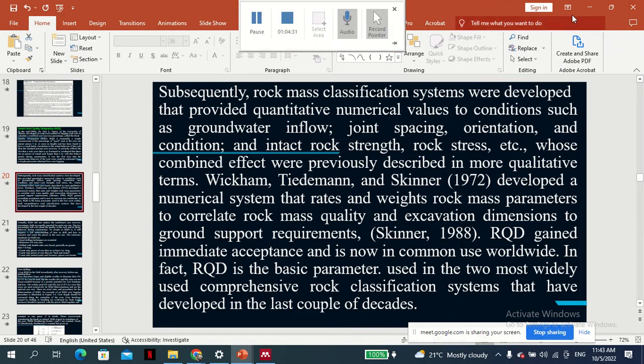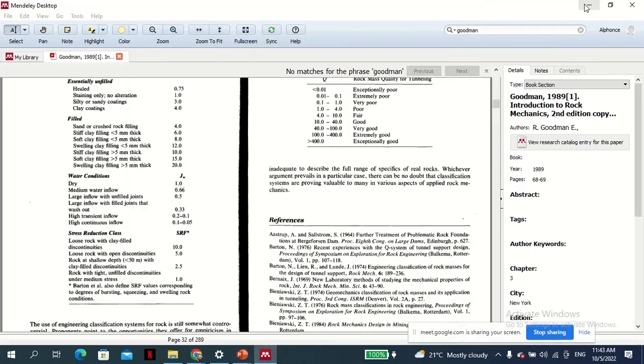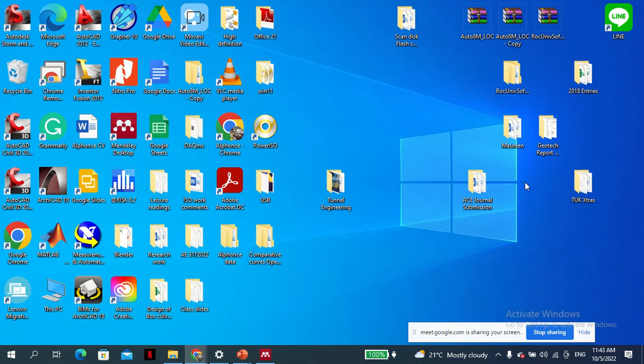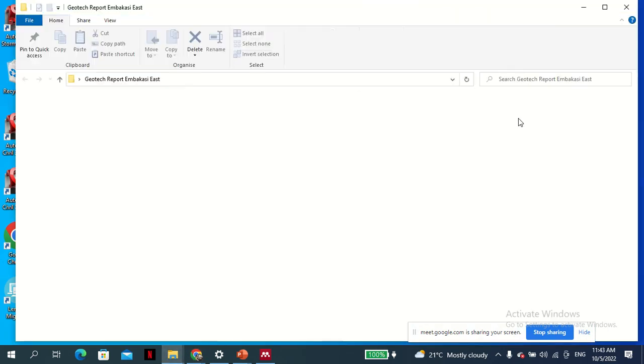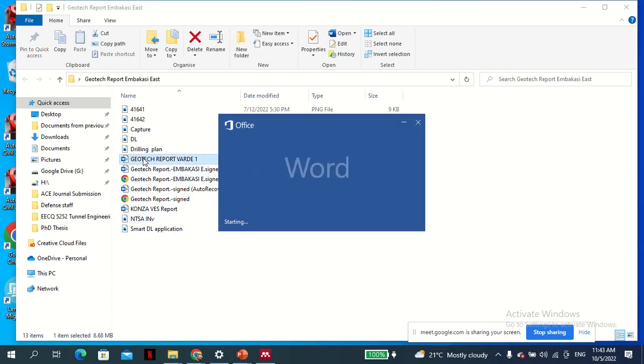Of course, the higher the value, the higher the quality of rock. I think it is very common, so I'll show you some report for a client.